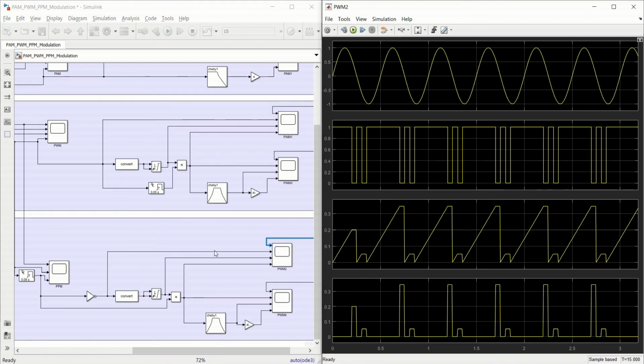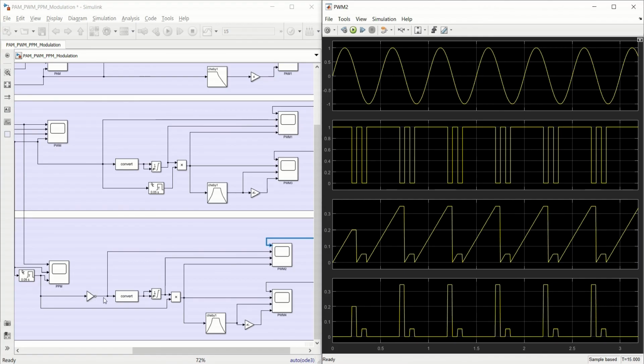The second is the output of this PPM passed through a NOT gate. So if you pass this PPM through a NOT gate, we would have a pulse width modulated signal. This is the PWM signal. And after that, we just need the demodulation of PWM that we have done before, and which is repeated over here.